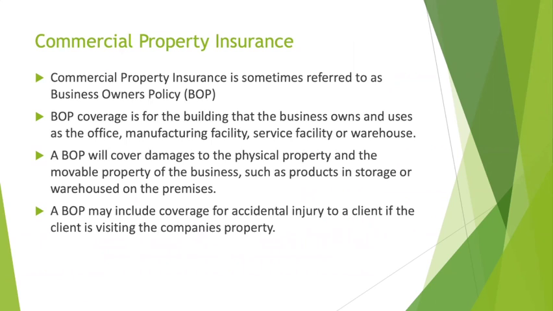A commercial property insurance, sometimes called a business owner's policy, can be bundled with a general liability policy. However, it can be purchased as a totally separate coverage that covers any property that is owned by the business.